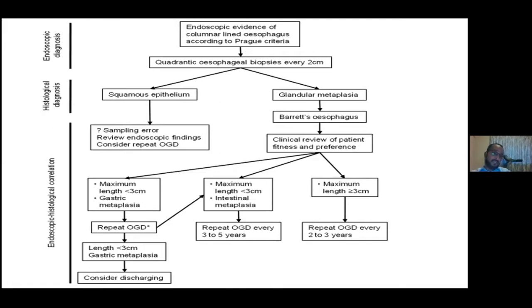If less than 3 centimeters with gastric metaplasia, no intestinal metaplasia, repeat endoscopy, and consider discharge. If less than 3 centimeters with confirmed intestinal metaplasia or dysplasia, repeat endoscopy every 3 to 5 years. For maximum length 3 centimeters or more, repeat endoscopy every 2 to 3 years.